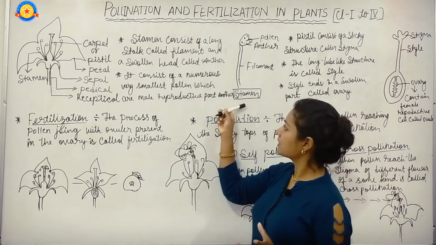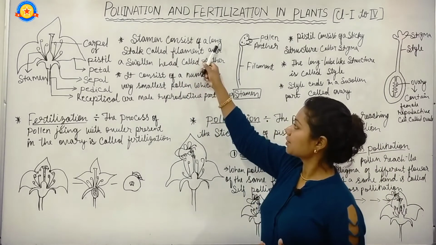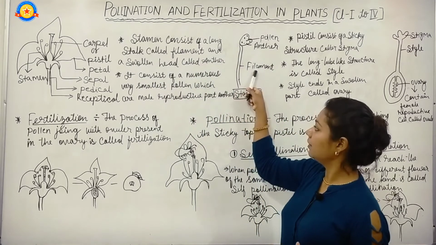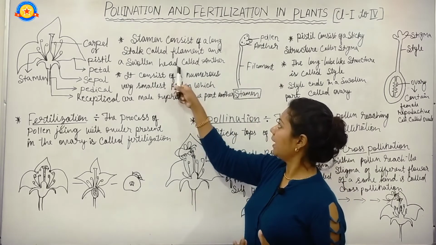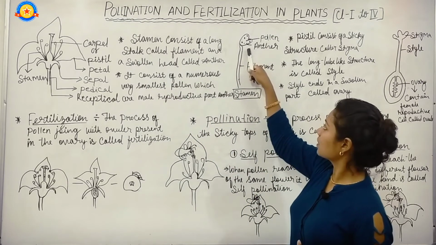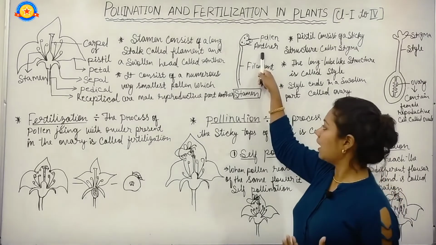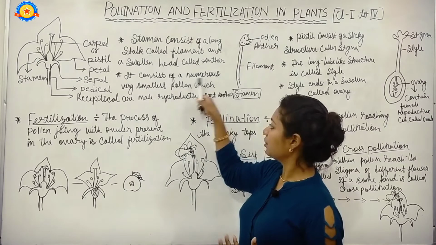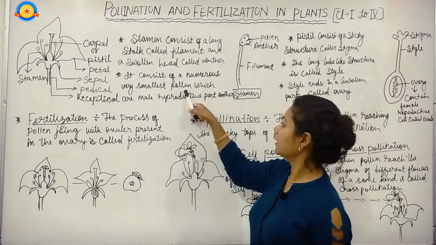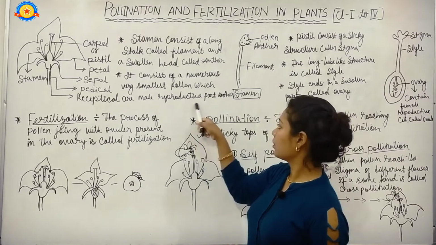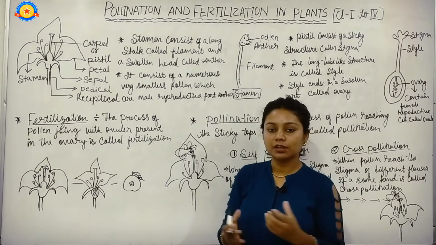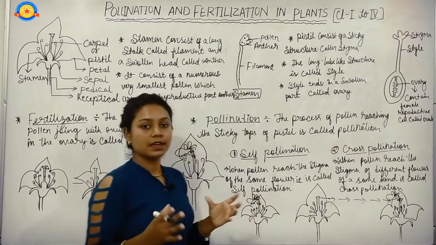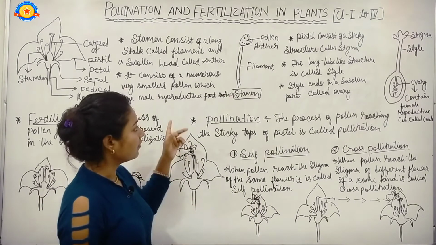The stamen consists of a long stalk called the filament and a swollen head called the anther. The anther contains numerous very small pollen grains. As I have told you, the stamen is the male reproductive part of a flower.